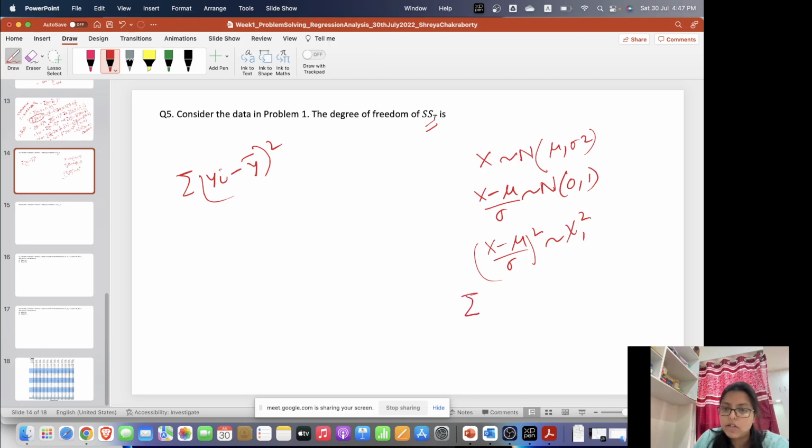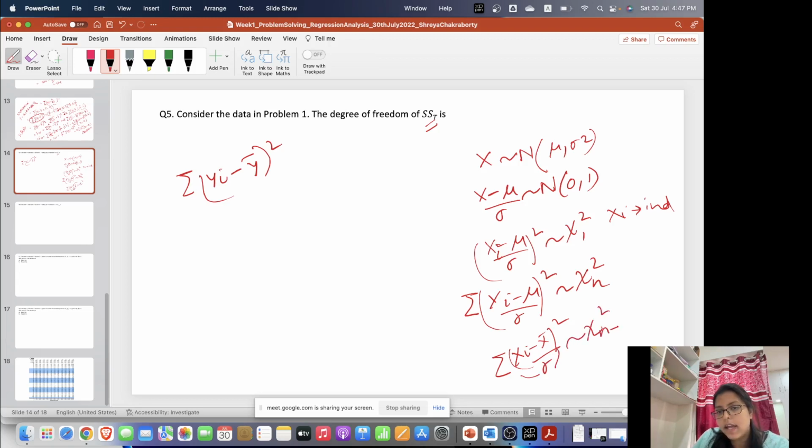And if all such xi's are independent, then summation of xi minus mu by sigma whole square follows chi square n. But summation xi minus x bar whole square by sigma square follows chi square n minus 1.